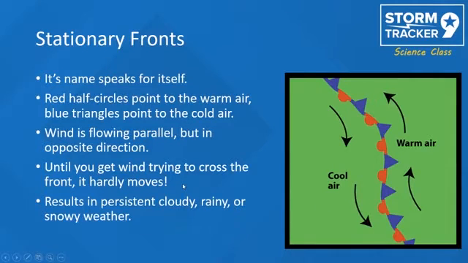Until you get the wind trying to come across the boundary, the front really isn't going to move a lot. There's nothing that really gets these things going. So stationary fronts usually result in persistent cloudy, rainy, or snowy weather. Sometimes they can be a source for thunderstorms, but typically you just see some rain or snow.